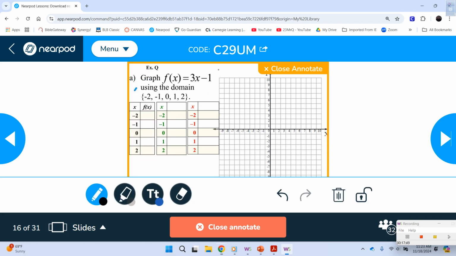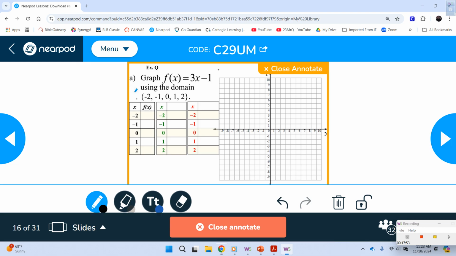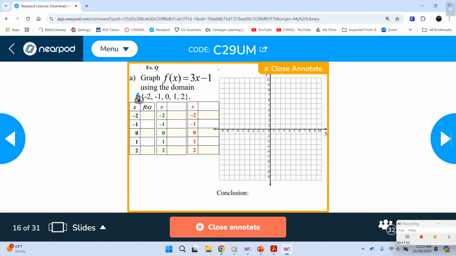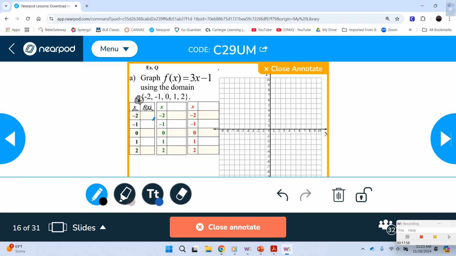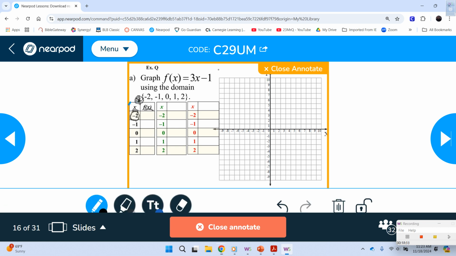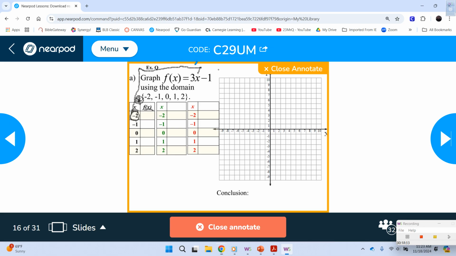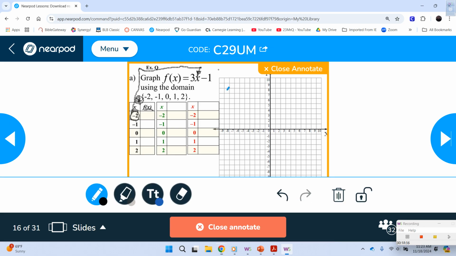So here we go. We're going to start here with the first table, this one right here, with x and f of x to fill that in. All right, so it reads, graph f of x equals negative 3x minus 1 using the domain negative 2, negative 1, 0, 1, and 2. So that means I'm going to substitute this value to get started. I'm going to substitute it in here for the x. So here we go. What is 3 times negative 2? Negative 6 minus 1.